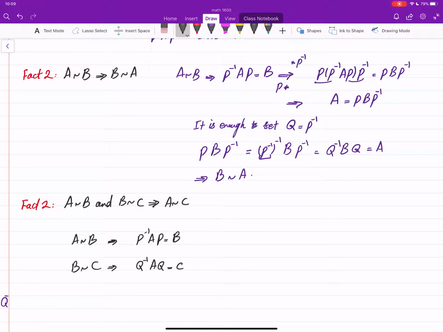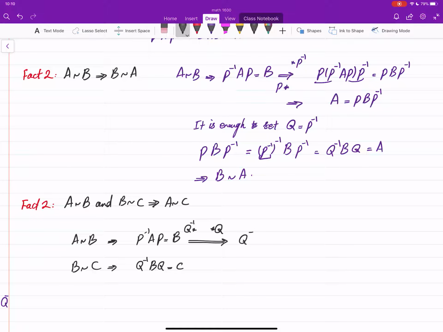Now, this must be B, sorry. Yes. Now, you multiply this thing by Q inverse from the left and Q from the right.